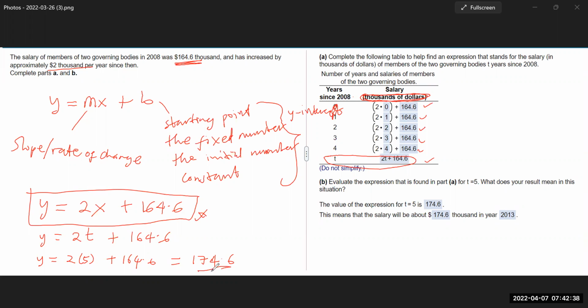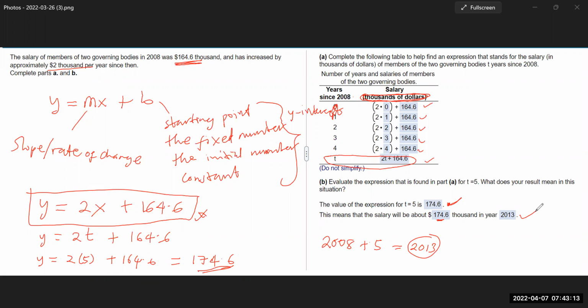So just leave your answer as that. Now we are trying to interpret this number, 174.6 thousand, in which year? The starting year was 2008. If you add 5 years to 2008, that would be 2013, and that is your answer right there.